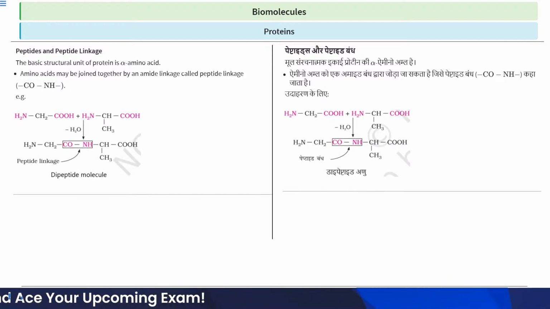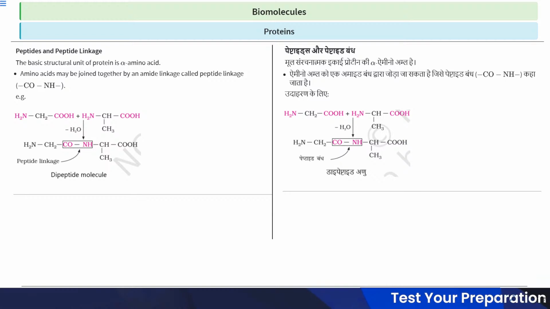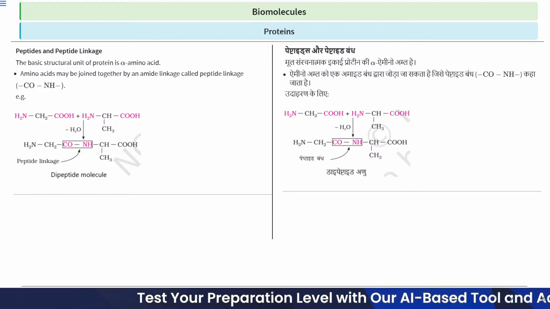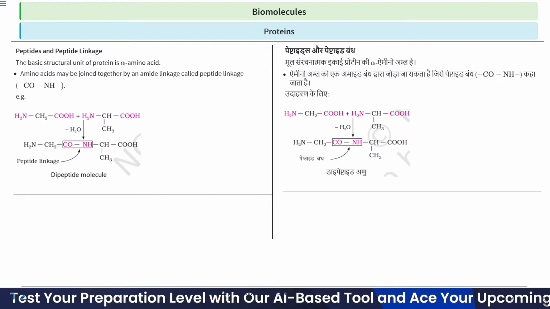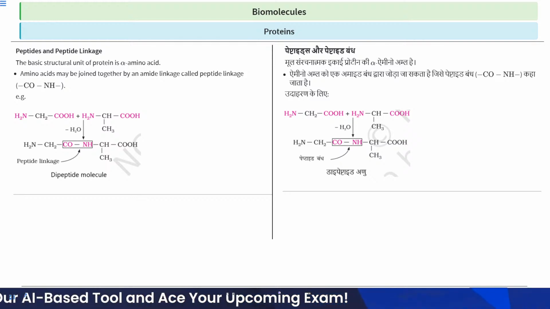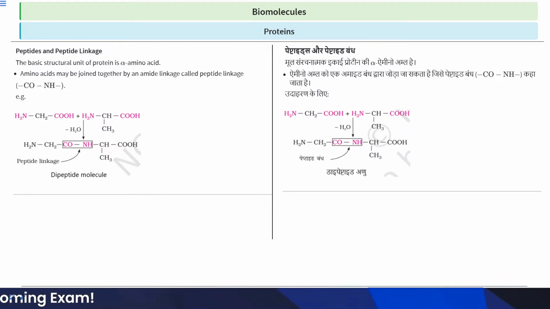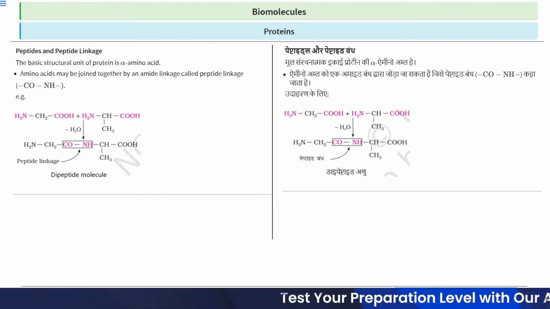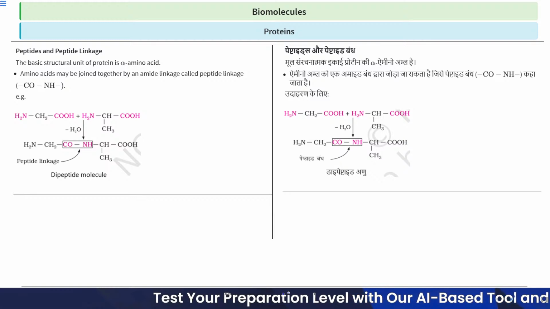For example, NH2CH2COOH, which is an amino acid, plus NH2CH(CH3)COOH, which is another kind of amino acid. So there are two amino acids. When you join them, one molecule of water is lost, and a peptide linkage is formed. It becomes NH2CH2CO-NHCH(CH3)COOH.